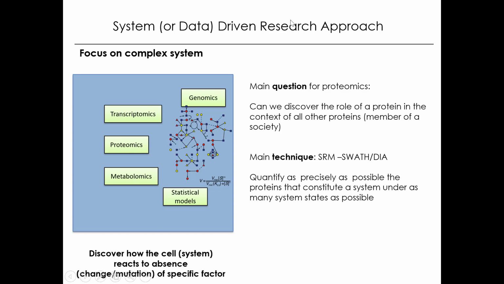And so the question is not what is this mutation doing, but how does the cell, the body, react to the presence of this mutation, and how does the cell react to become a cancerous cell. And the expectation is that we would discover the role of a protein or a gene or a mutation in the context of the overall molecular makeup of the cell.